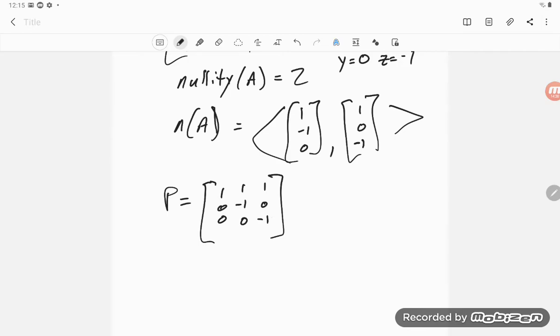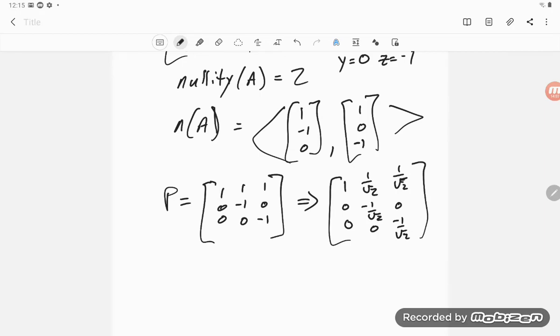And better yet, I could go to a unit vector kind of thing. So I would have 1, 0, 0, 1 over the square root of 2, minus 1 over the square root of 2, and 0, and 1 over the square root of 2, 0, and minus 1 over the square root of 2. So I could do that as well and call that Q.